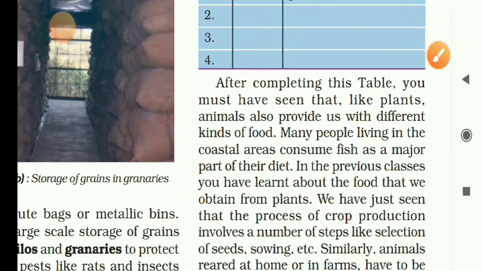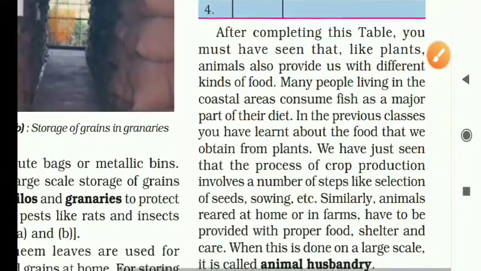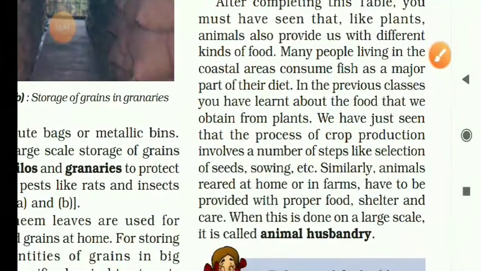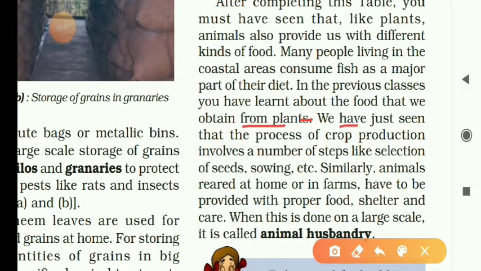In previous classes, we have learnt about the food that we obtain from plants. We have seen that the process of crop production involves a number of steps like selection of seeds, sowing, and so on. Similarly, animals reared at home or in farms have to be provided with proper food, proper shelter, proper care.